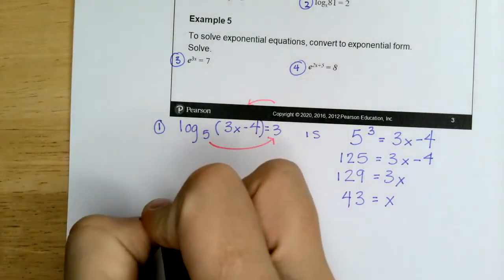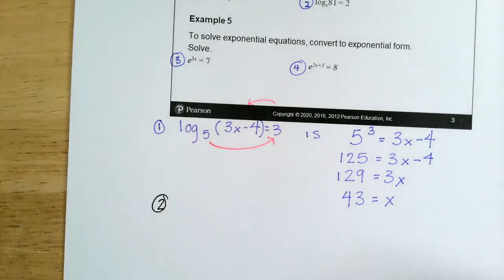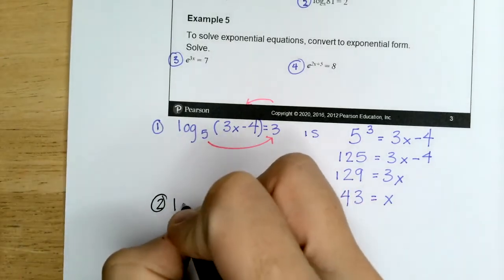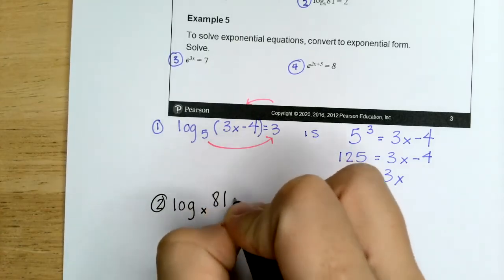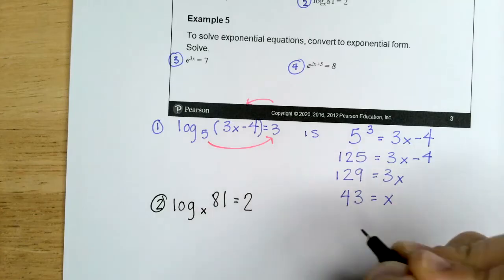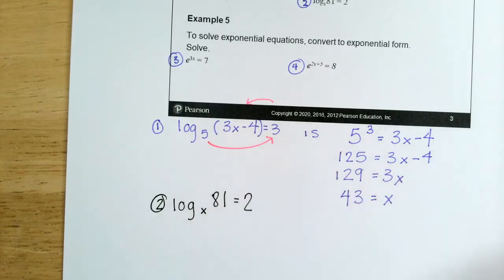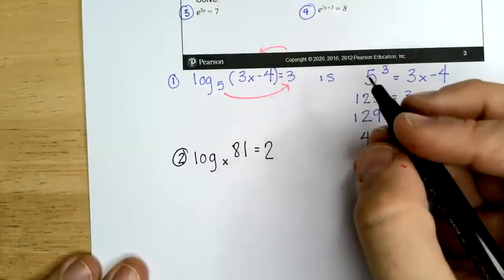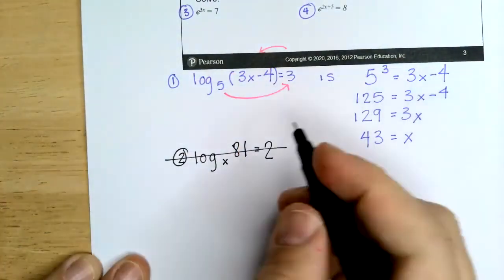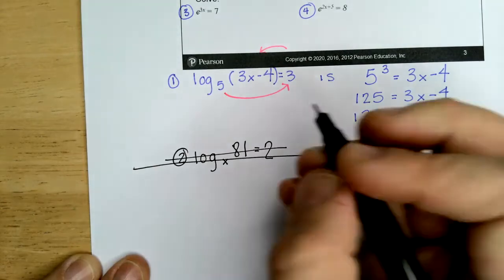Now let's do number 2. Number 2 is log base x of 81 is 2. All right.